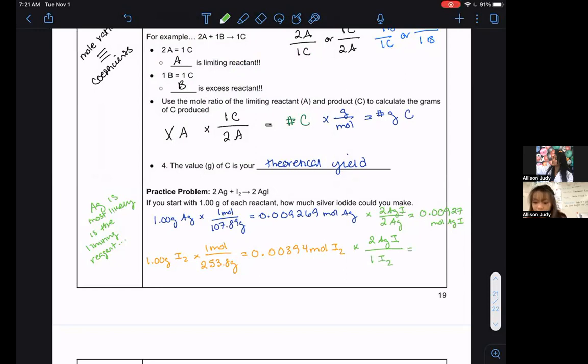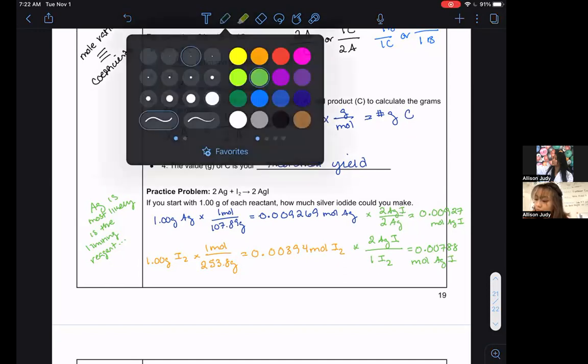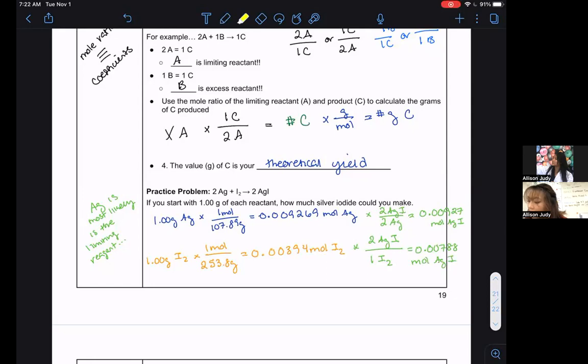And that means I get a value of 0.00788 moles of AgI. So when you look at these numbers, what you see is that Ag is not our limiting reagent like expected.